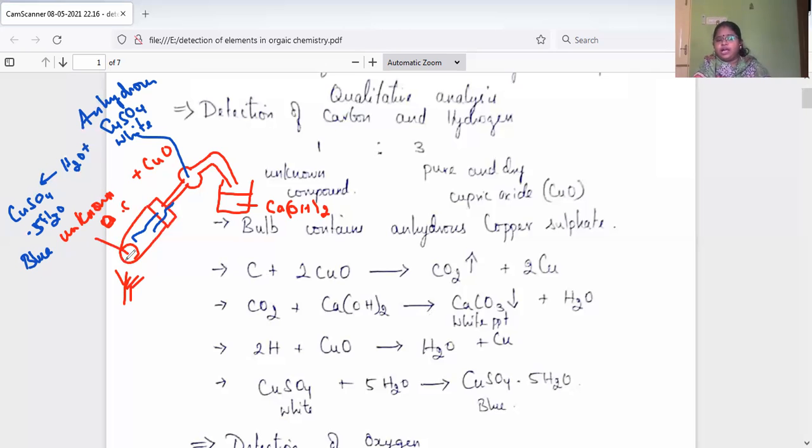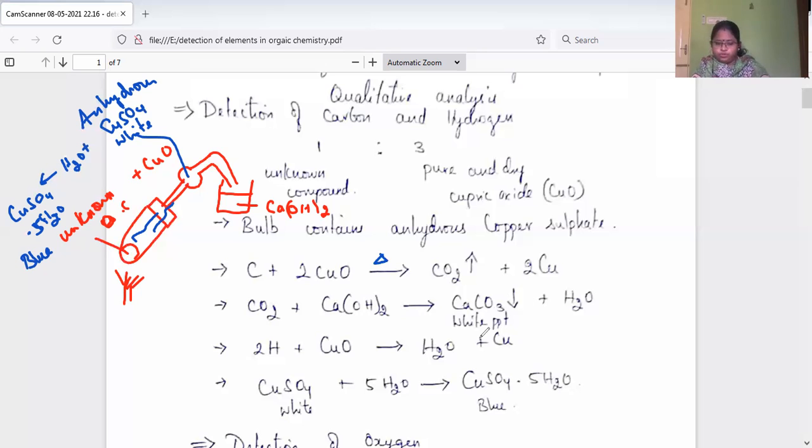The carbon present in the organic compound reacts with cupric oxide, so it goes as carbon dioxide when you heat it. And the copper will be there in the hot test tube, and the carbon dioxide escapes here, liberated by this. So it reacts with Ca(OH)2, I mean calcium hydroxide. Am I right? So over here, you'll get calcium carbonate, which is a white precipitate.